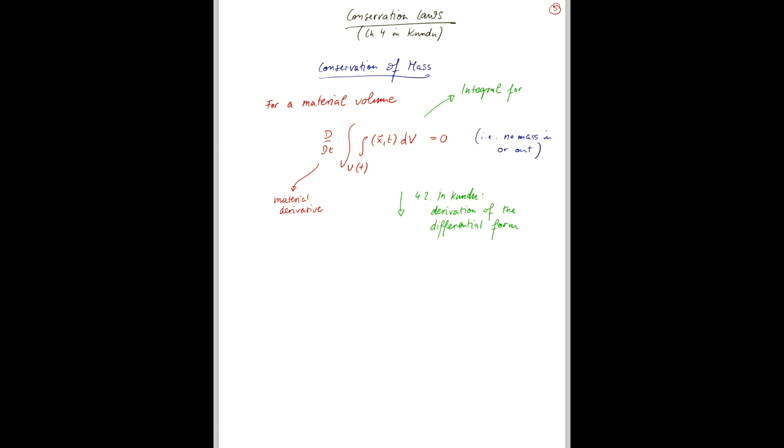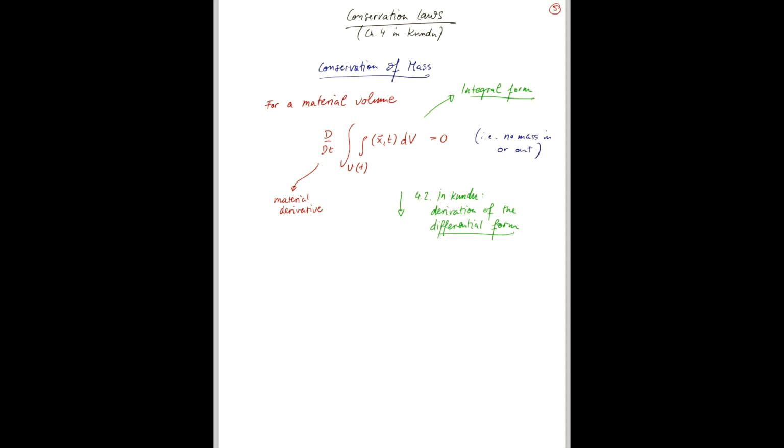So all the conservation laws can either be written in integral form or in differential form. Integral forms are useful if you're considering a certain sized volume that is deforming or moving with the flow, whereas the differential forms are useful if you're considering a certain point or one very specific part.